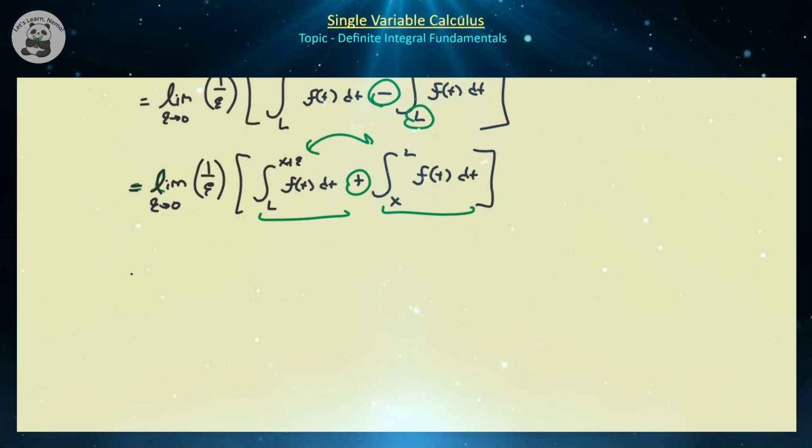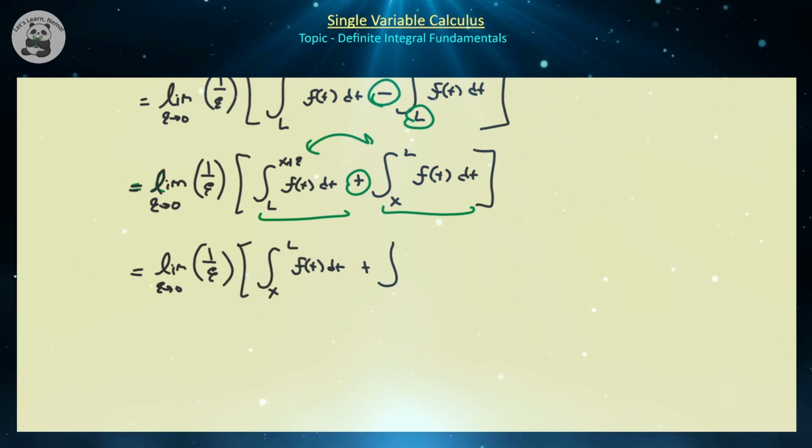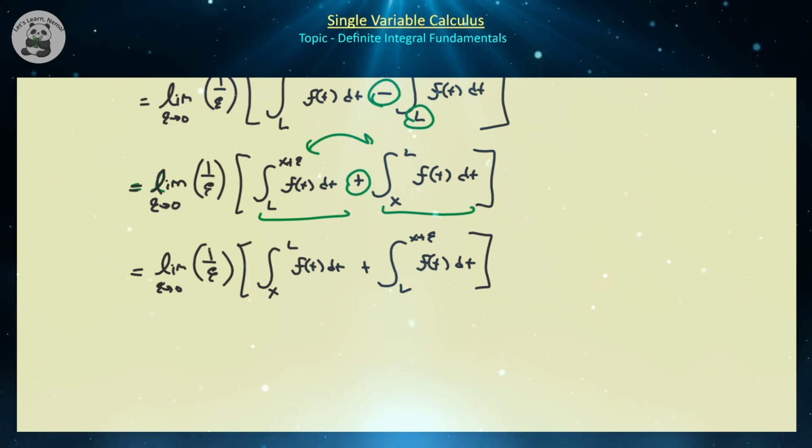So once I have that, this is going to be the limit as epsilon goes to 0 of 1 over epsilon, and then the integral from x to L of f of t dt plus the integral from L to x plus epsilon of f of t dt. And notice this is from x to L and then from L to x plus epsilon.